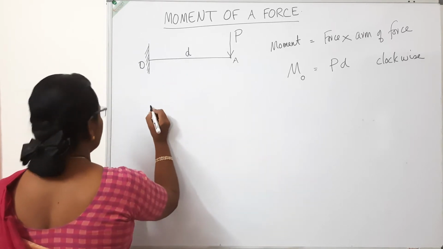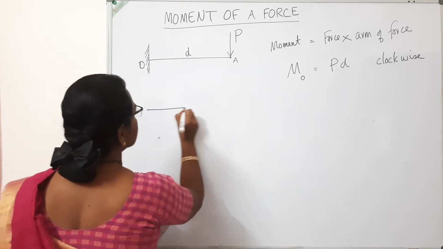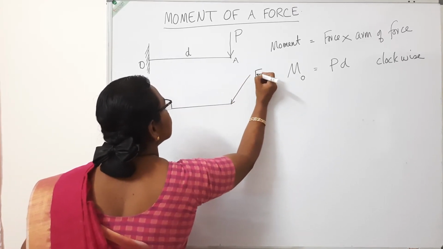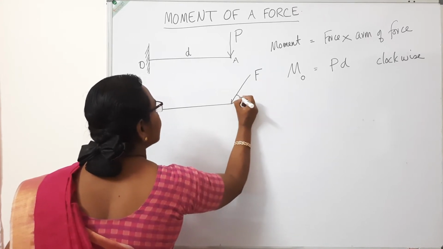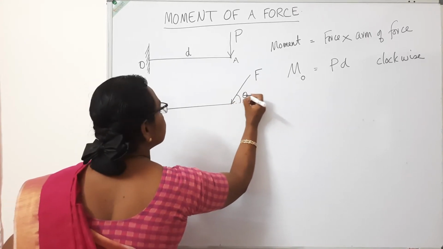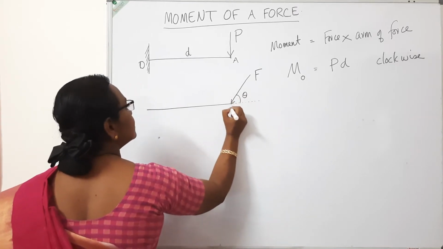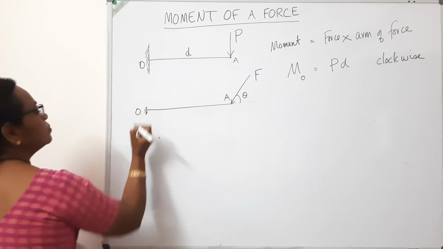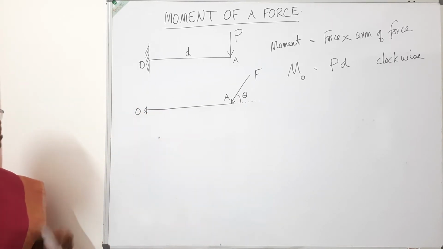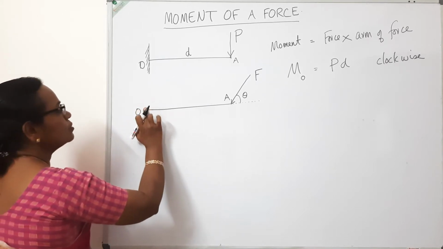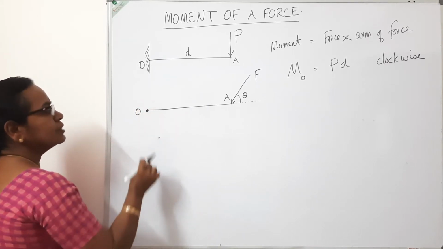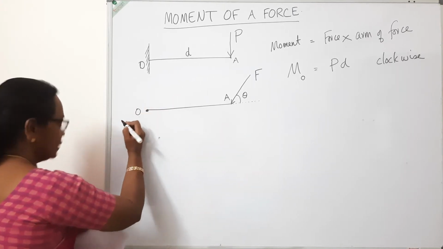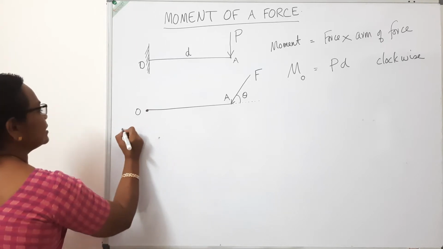For example, let us consider another case. Say a force F is acting at an angle theta at this point A, and if you want to take the moment of this force about this point O, this point O about which the moment is taken is called the moment center.